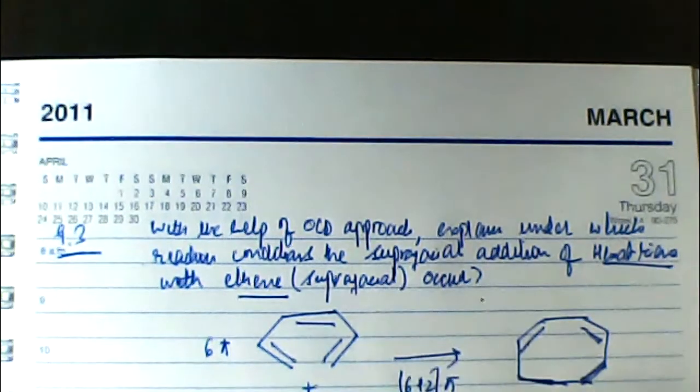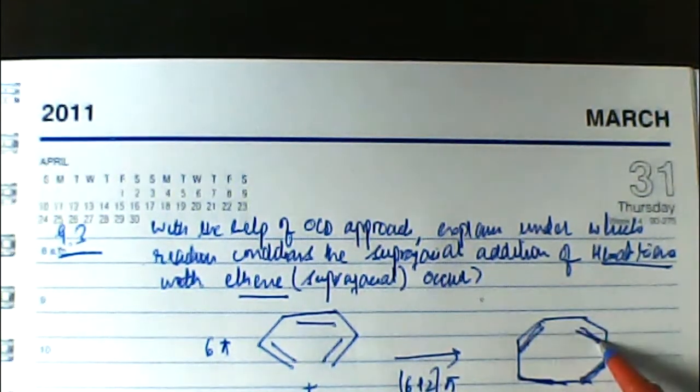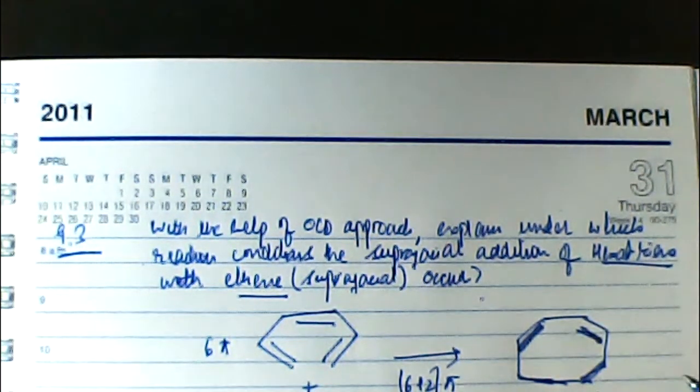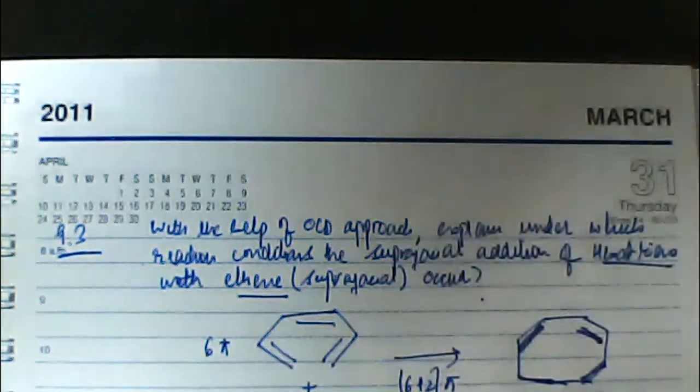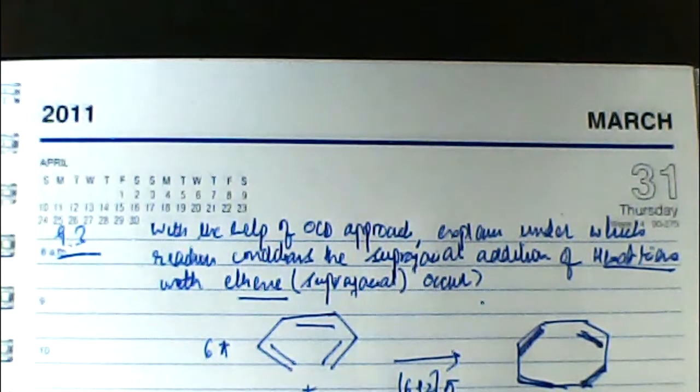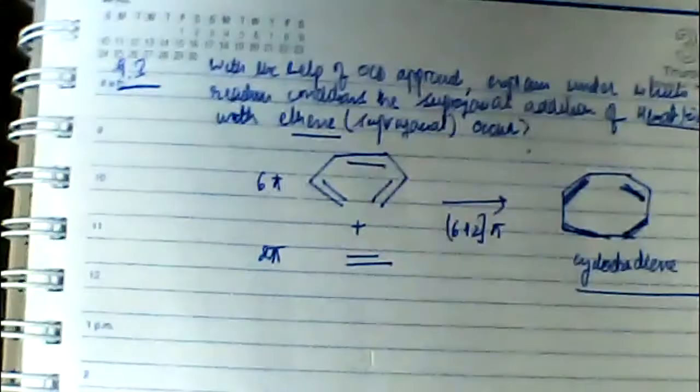On the product side, 2 new sigma bonds were formed, that means 4 sigma orbitals, 2 sigma bonding and 2 sigma antibonding. And 2 new pi bonds were formed, that means 4 pi molecular orbitals, 2 bonding and 2 antibonding. Now your task is to check whether this reaction is thermally allowed or photochemically allowed.